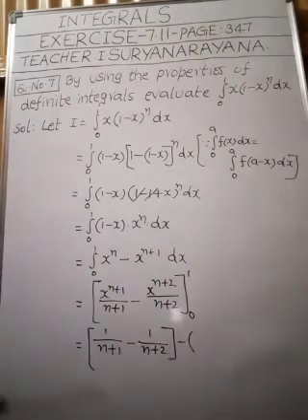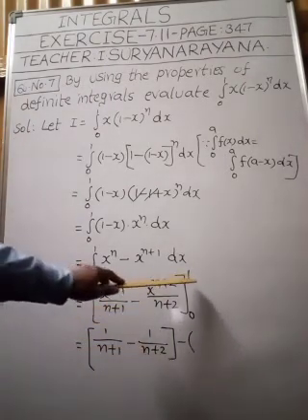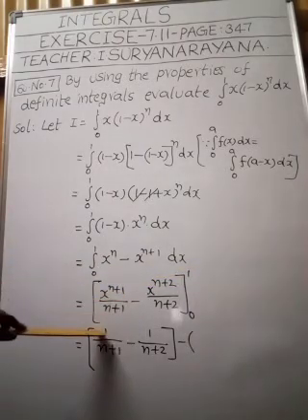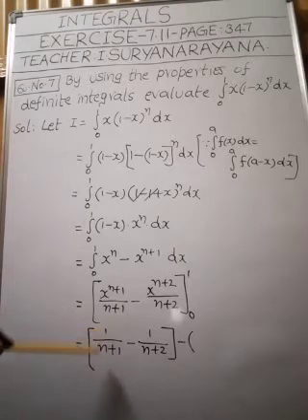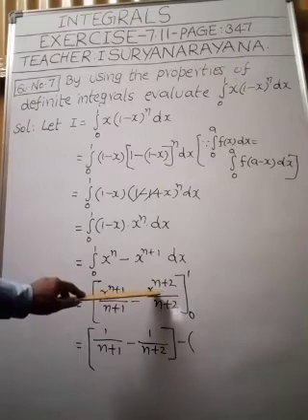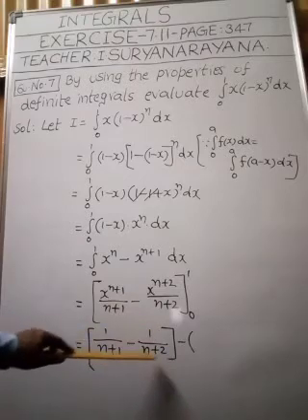Understood this step, my children? In this function we are substituting x is equal to 1. 1 power n plus 1, what you get? 1 only in the numerator. I wrote the value of numerator as 1 by n plus 1, minus, here also 1 power n plus 2, 1 only. So in the numerator I wrote 1. Understood this numerator, my children? By n plus 2, minus.